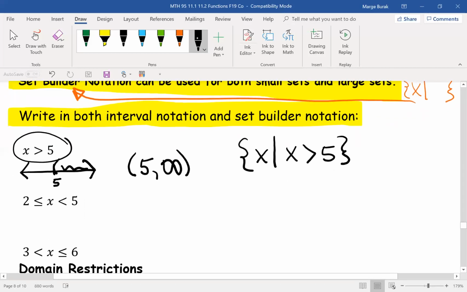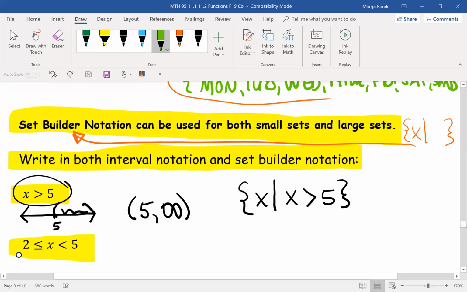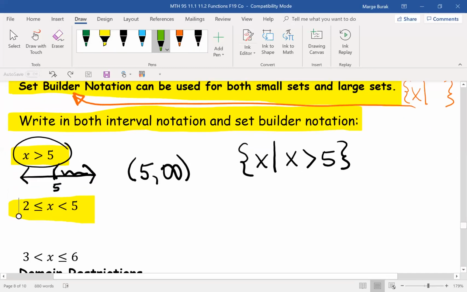Okay, let's do greater than or equal to 2 and less than 5. Because it's equal to, I want to graph it first. It's just so much easier for me to see it. Okay, so we get the 2, we get the 5.